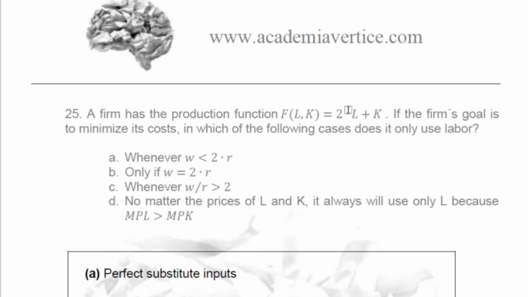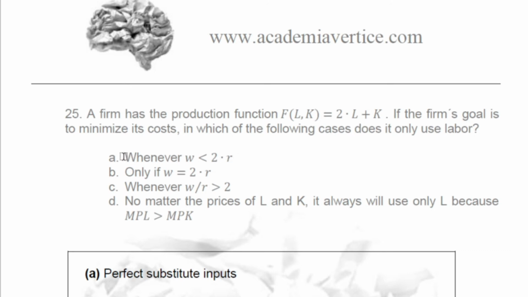So the firm will always be willing to pay more for L than for K, but not more than twice the price of K. Okay, so whenever the wage, the price of L, is less than twice R, the firm will only use labor.